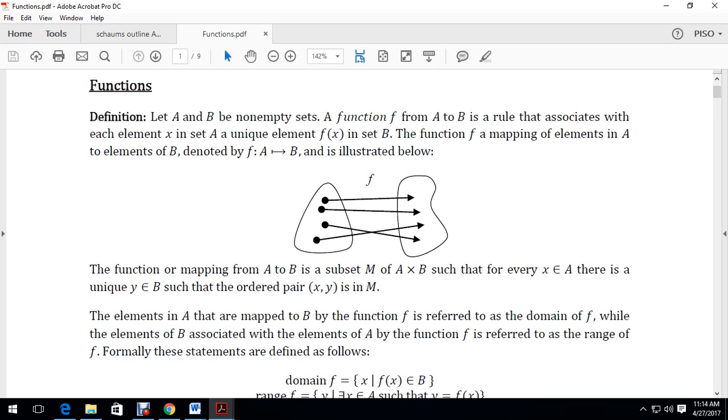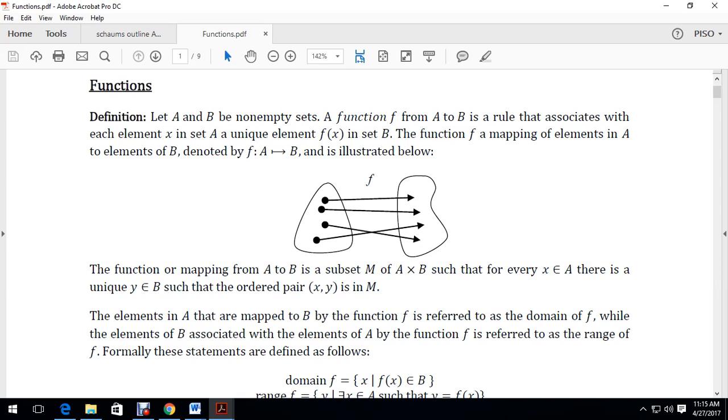Now, the function or mapping from A to B is said to be a subset M of the Cartesian product between A and B. If you recall from the previous video lecture, the definition of a cross product or a Cartesian product between two sets was presented there. So I suggest that you recall, or watch the previous video lecture if you are not able to fully understand the definition of the Cartesian product.